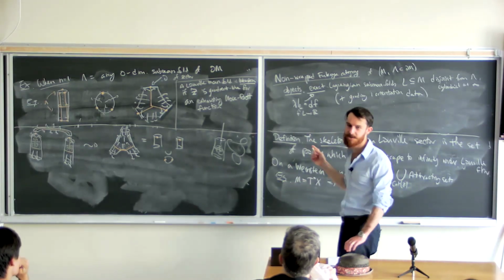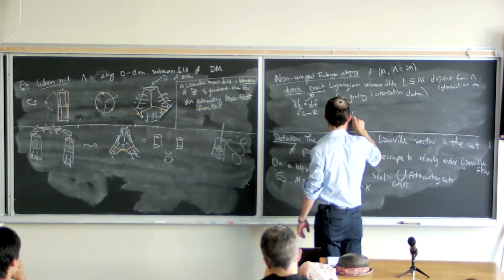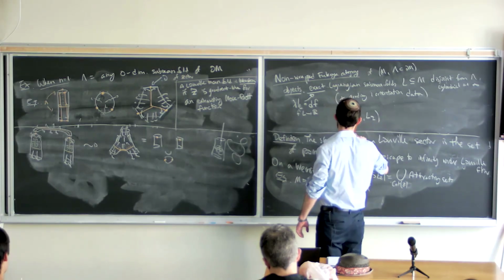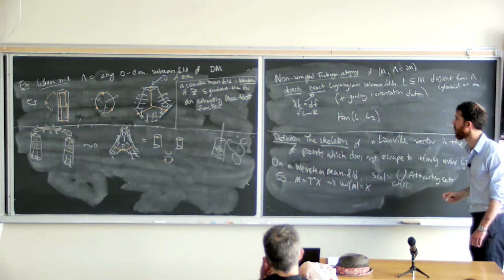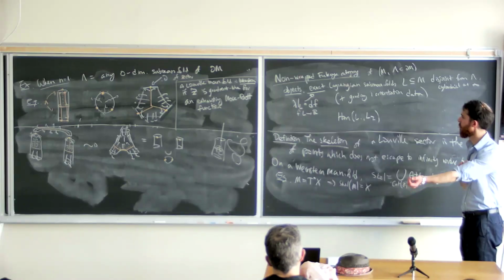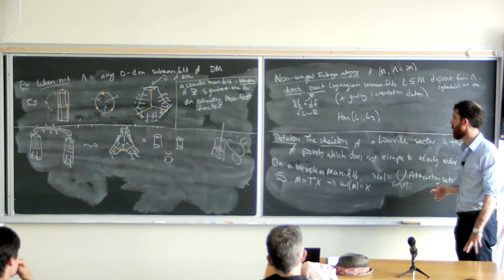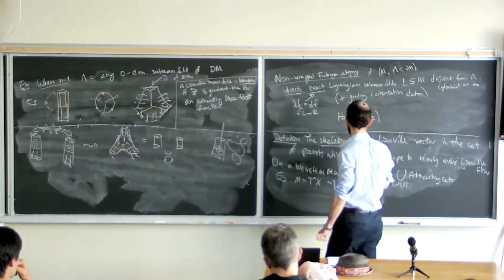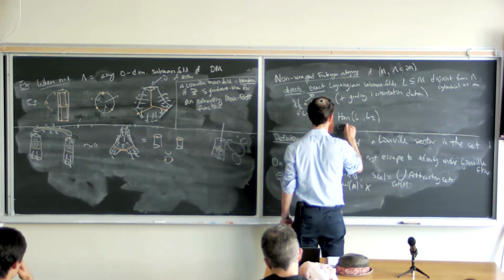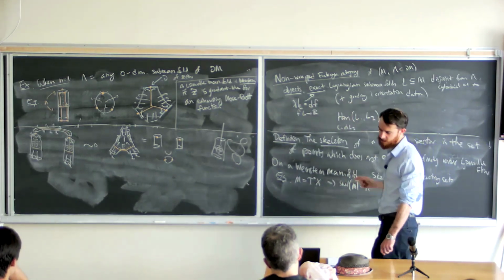So okay, those are what the objects in my category are, and then the hom from L1 to L2. If L1 is equal to L2, then this is just going to compute the cohomology. But I'm going to assume that L1 is transversal to L2, and they're both Lagrangians.